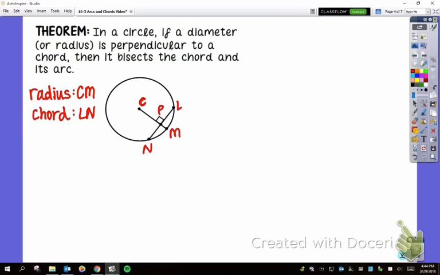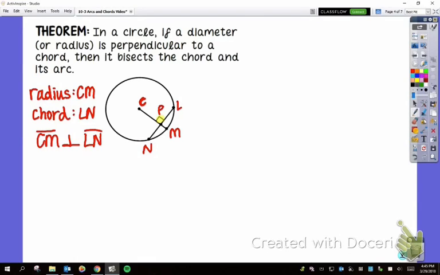And we see that we have this nice 90-degree marking at point P, which means that these are perpendicular. So we would say that CM is perpendicular, that upside down T, to segment LN.